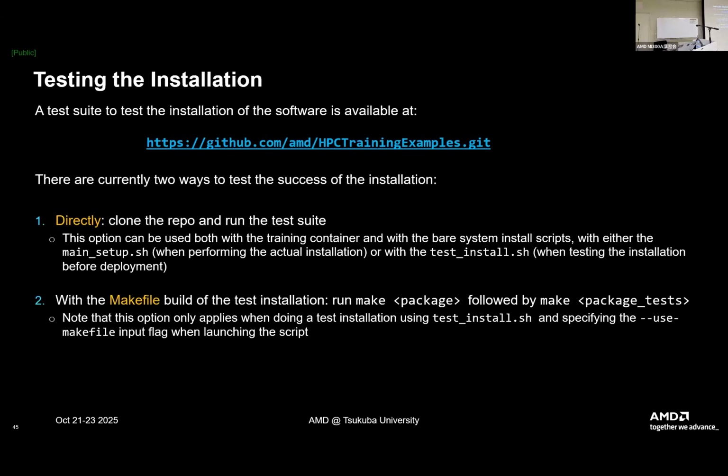If we're doing this separate makefile build where we're testing the installation scripts, we'll do something like make kupi, and then we'll do make kupi tests. And that will tell us if our installation script works. So we test things. Let's say we get the ROCm 7.0 release.